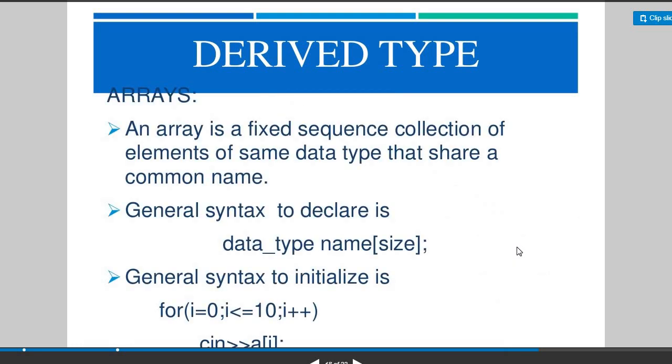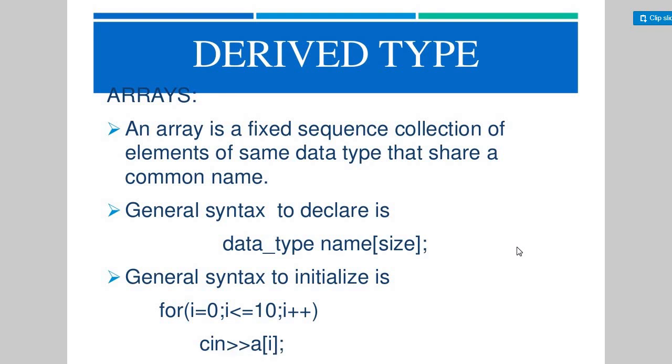Arrays. An array is a fixed sequence collection of elements of the same data type which share a common name. Actually, an array is a derived data type which can store more than one similar data type, referenced by a common name.